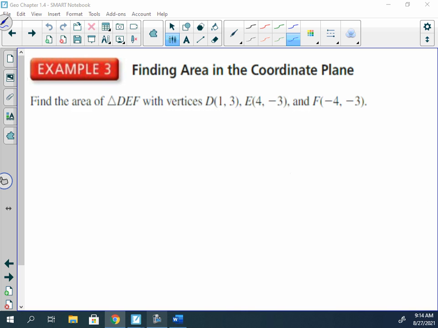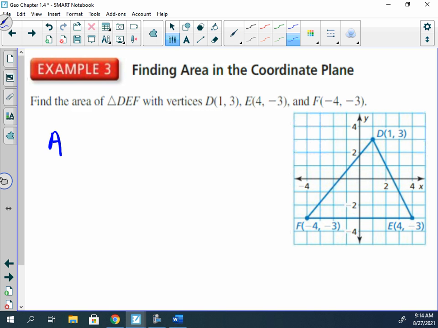Now the first one we'll be looking at is this here. Find the area of triangle DEF with vertices D, E, and F. Well, we know the area formula for a triangle is going to be 1/2 the base times the height.